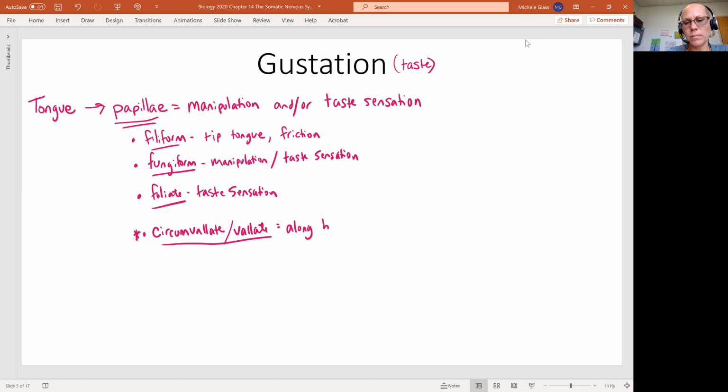And then we get this taste pore. This opening here is called the taste pore. As we eat food and manipulate it with our tongue and smush it around, we're starting that process of digestion, but we're also getting those tastants into this taste pore.